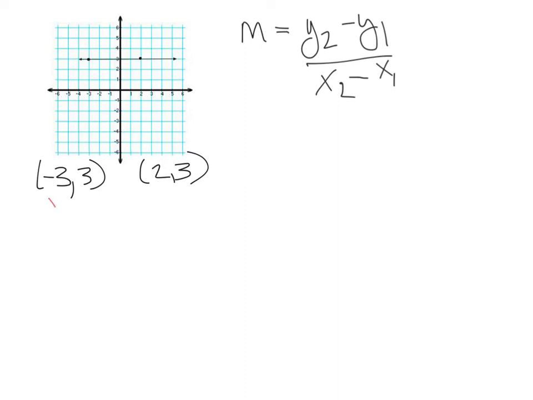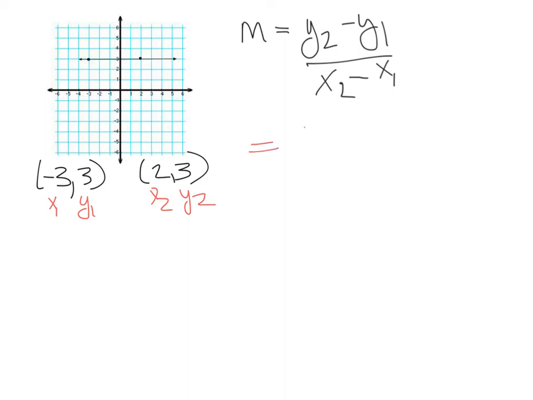We'll call this x sub 1, call this y sub 1. This is x sub 2 and y sub 2. Now, one of the things that I haven't mentioned as we've been going through all of this is notice how I am labeling my points so that I know that I put them into my formula correctly.